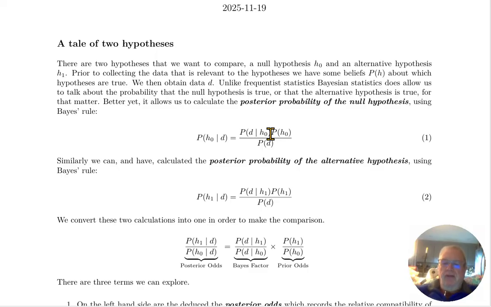How do we flip it into the probability of a hypothesis given data? After all, that's what we're really after. That's really what we would like to say as decision makers. This is called the posterior probability. Bayes' rule is exactly this.